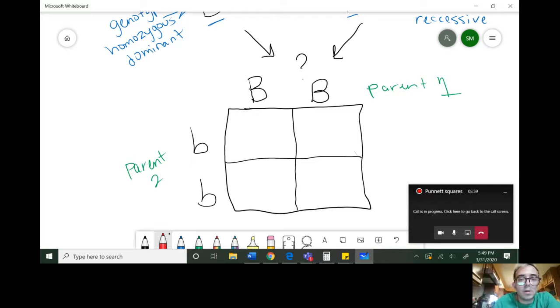So we bring down, it's always going to be our dominant case first. And so our dominant goes down and we put them in one on each. So capital B goes all the way down, capital B, capital B, capital B. And then you follow with your lowercase.